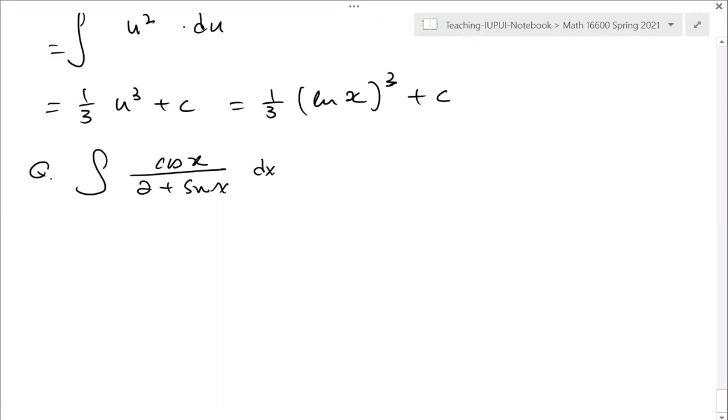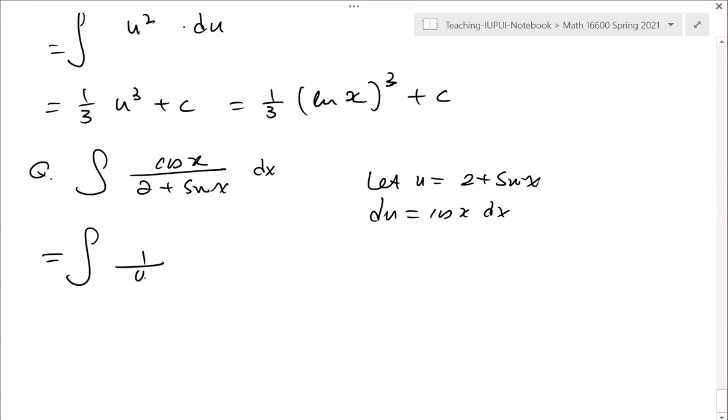All right. So let's take a look at this. This is the last problem I want to discuss. Okay. So for substitution, you let u be 2 plus sine x, not cosine x. Okay. Then du equals cosine x dx. Therefore, this will be 1 over u du, and then it will be natural log of u, I will put the absolute value here, plus a constant.